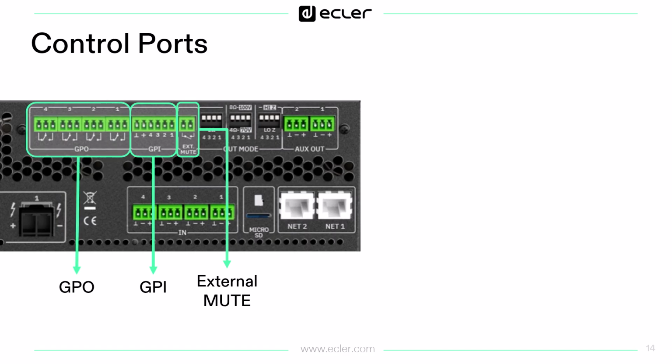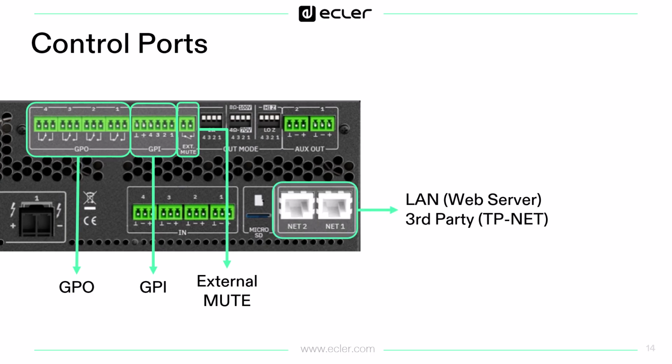There are 4 GPOs. Each of these outputs can be changed by presets or events. And finally, 2 network ports that allow not only programming, management, and client devices, but also third-party integration through our open protocol TP net.